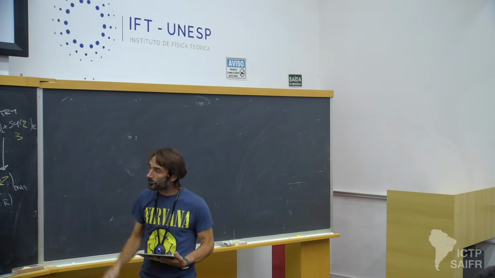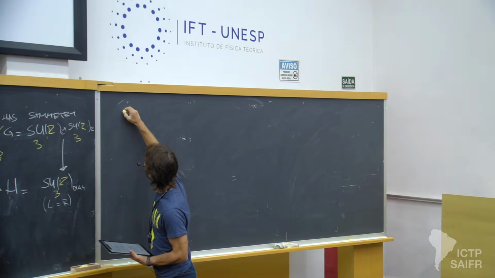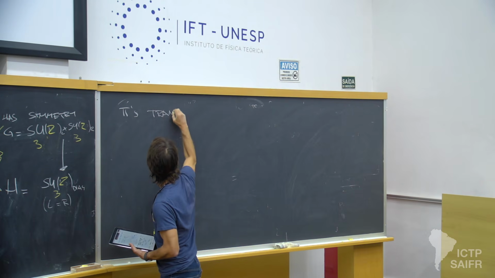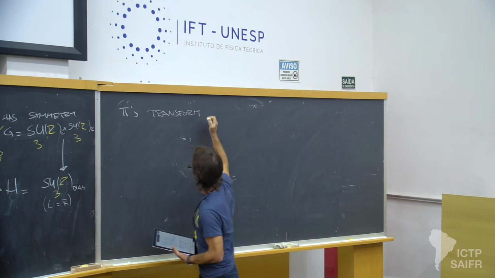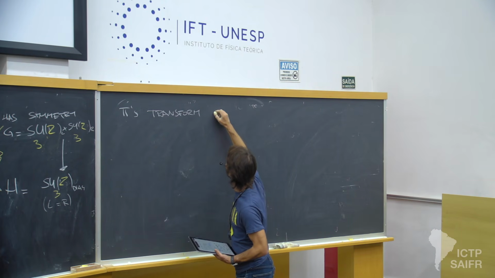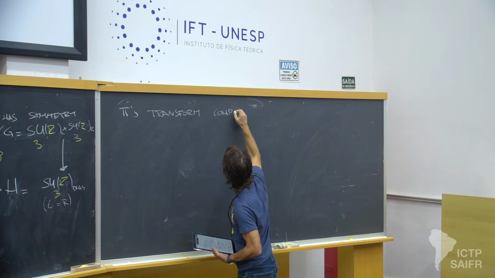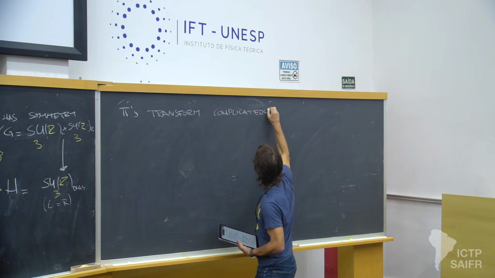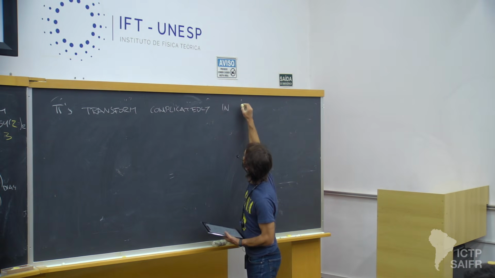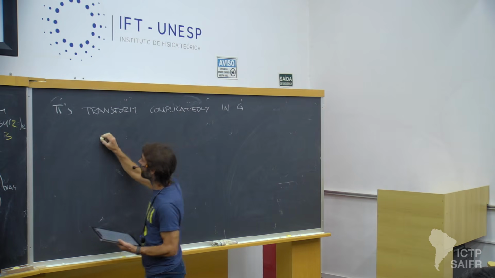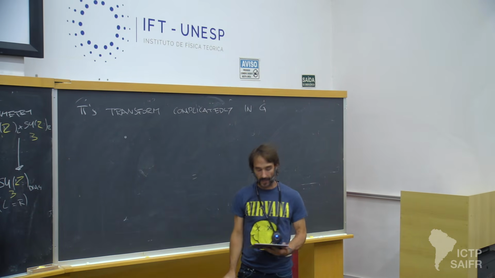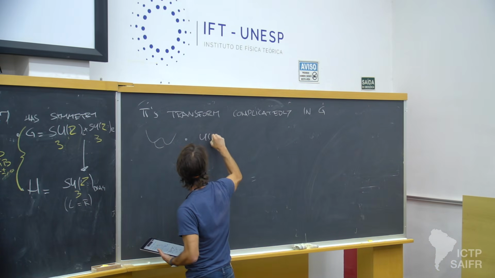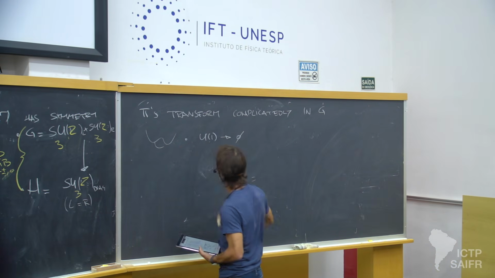Now, these pions transform in a very complicated way under G. Let me give you an example in which this is not the case, which is the one we had before, the Mexican hat, okay? In the Mexican hat, we had a U(1) symmetry that is broken down to nothing.